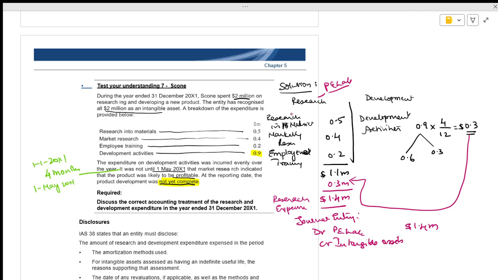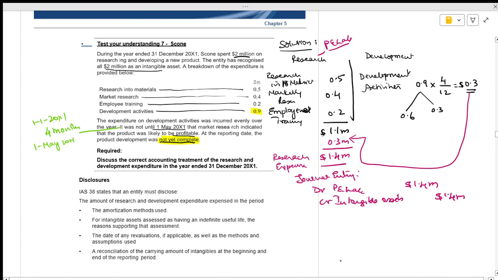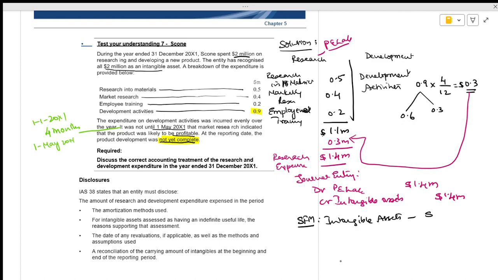Why are we taking this? We are crediting intangible assets because they have recognized it as an intangible asset, 1.4 million. Now, how much have we reduced the intangible asset? This is going to be shown in the profit and loss account. The intangible assets they have shown in the balance sheet are 2 million.